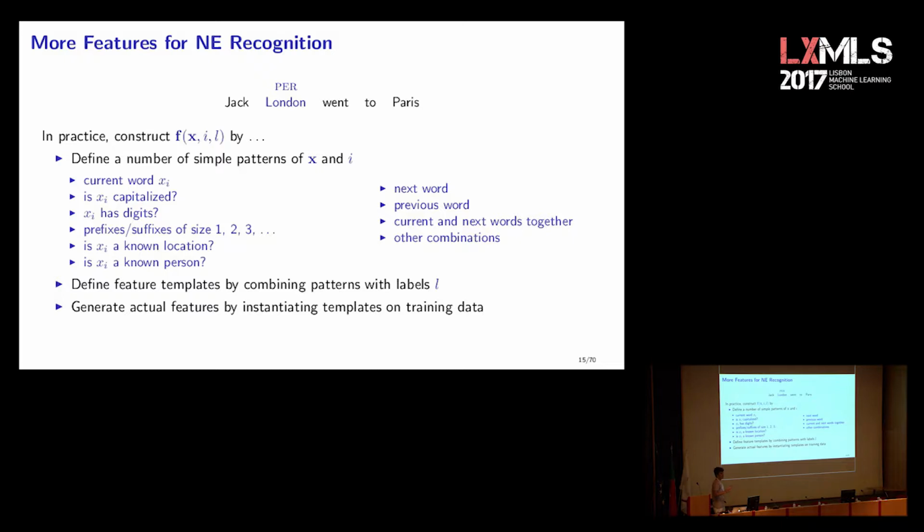It might be a problem for the size of the model, but not for the performance. So we can have templates that look at the current word. We can have templates that look at the context. What is the next word? What is the previous word? And so on and so on. Each of these templates that look at the word and the nearby input context is conjoined with the output labels.